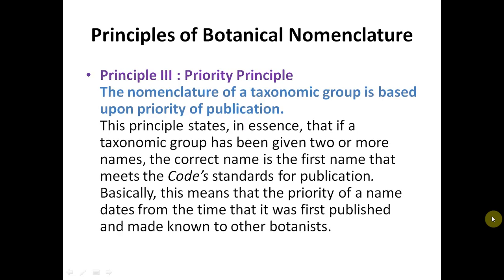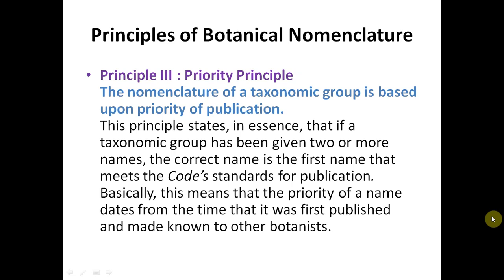And now we come to the third principle, that is the nomenclature of a taxonomic group is based upon priority of publication. It is simply named the priority principle. It is always related to which name is given priority, which author is given priority. In essence, if the taxonomic group has been given two or more names, the correct name is the first name that meets the code's standards for publication.